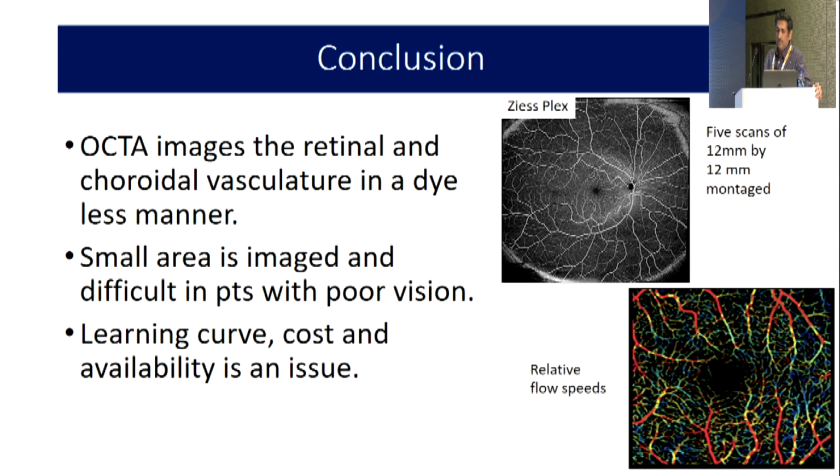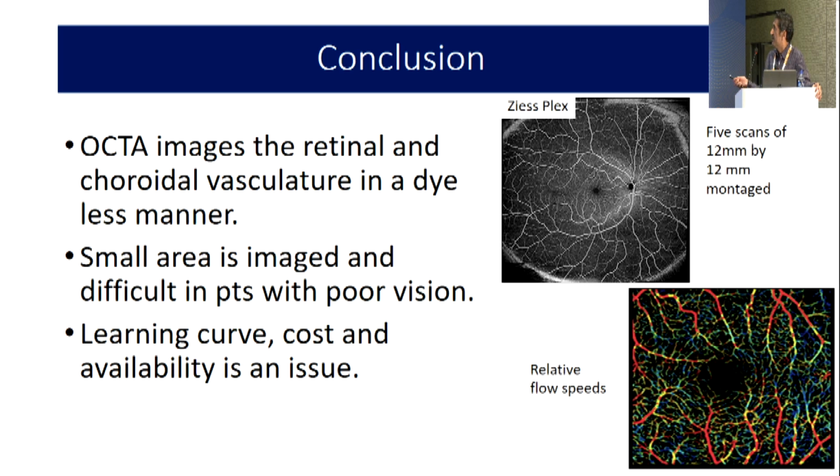To conclude, OCTA images the retinal and choroidal vasculature in a dyeless manner, but the disadvantages are that a small area is imaged, it is difficult in patients with poor vision, and learning curve, cost, and availability are an issue.